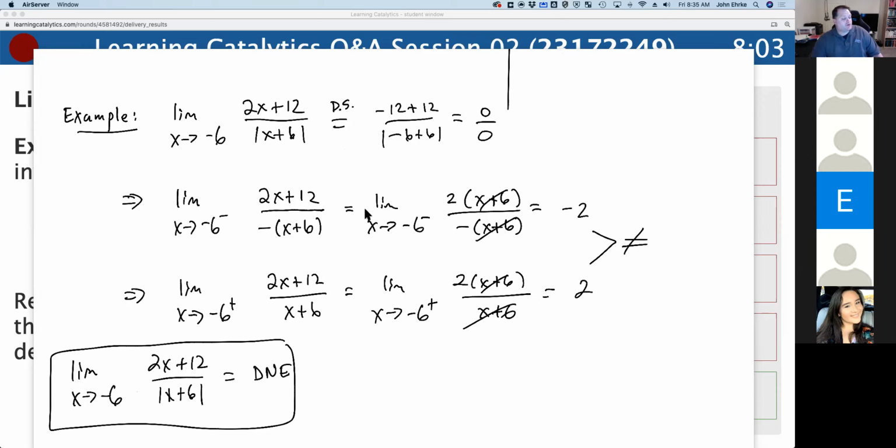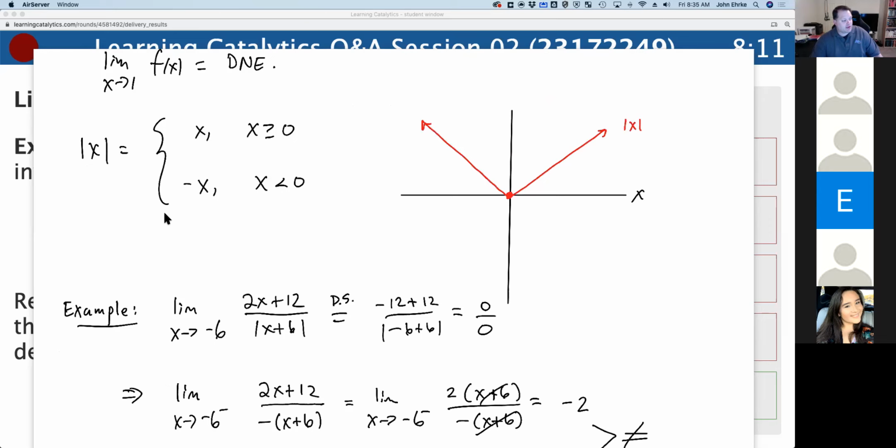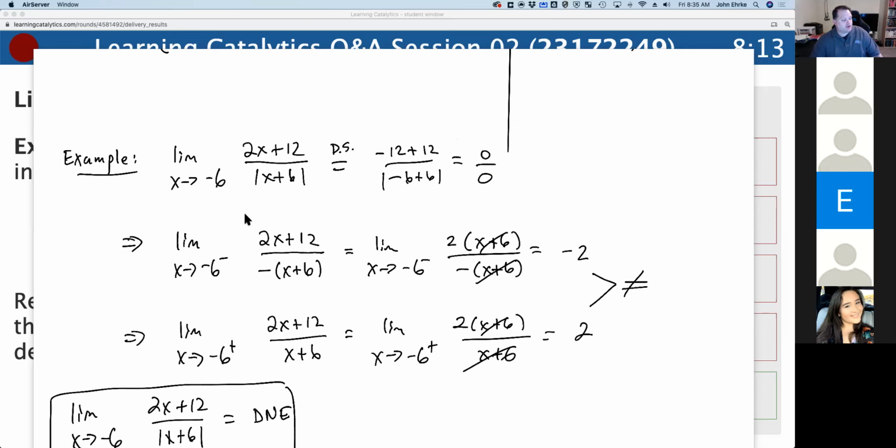So the moral of this story is anytime you're asked to work a limit problem involving an absolute value, because the absolute value function itself is a piecewise function, you're always going to have to do a limit from the left and a limit from the right, assuming that direct substitution doesn't work. You should always do direct substitution first, plug the -6 in, make sure that it's not going to work before you do this next step.